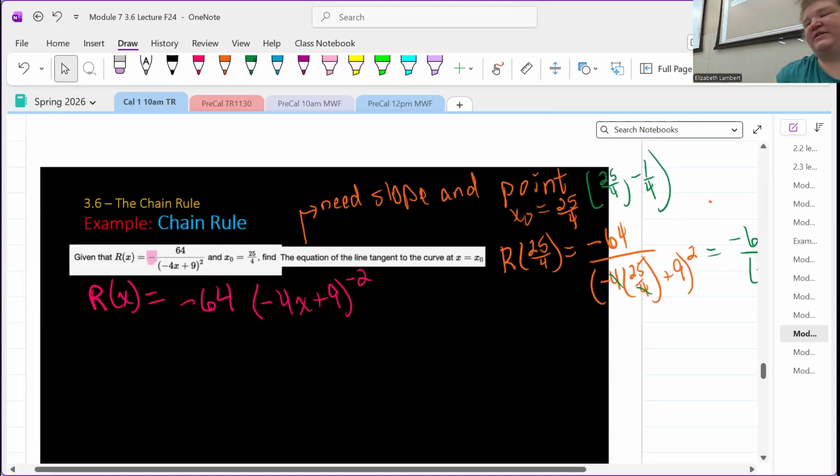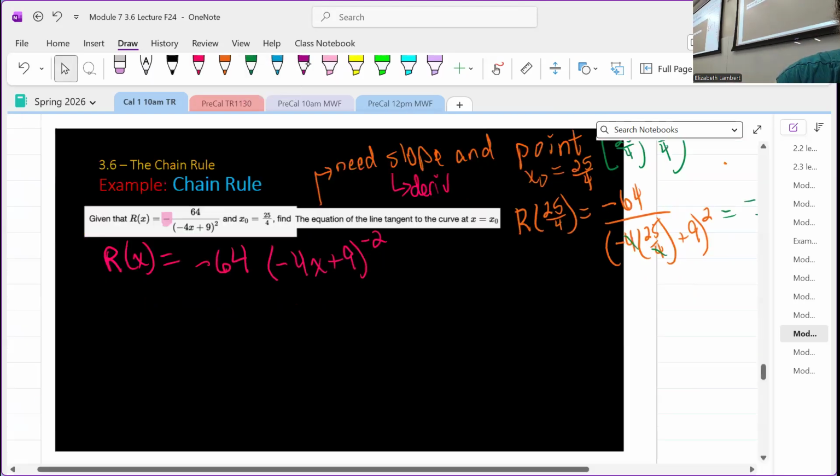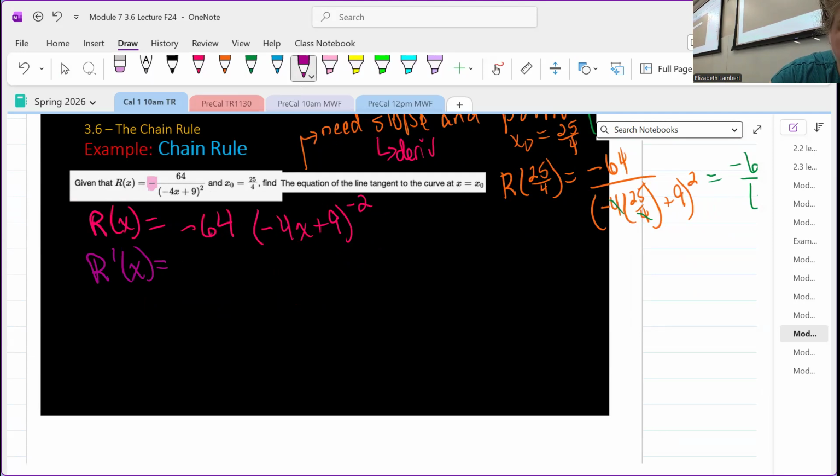So I have my point for finding the equation of the tangent line. Now I need to find the slope of the tangent line. So slope means the derivative. My negative 64 is a constant, so I'll just rewrite it. Negative 64 times the derivative of the negative 4x plus 9 being raised to the negative second. I'm going to do the power rule on the outside first.